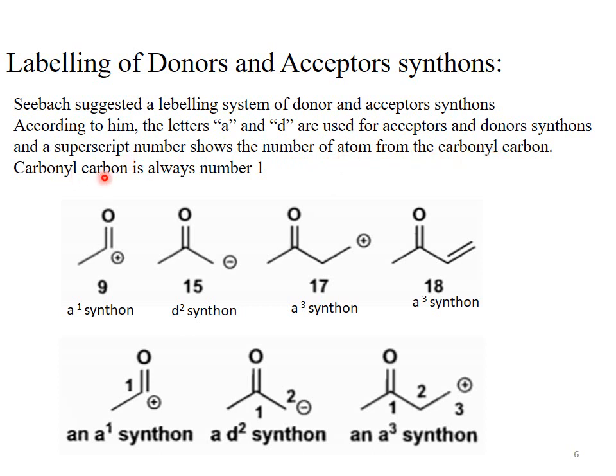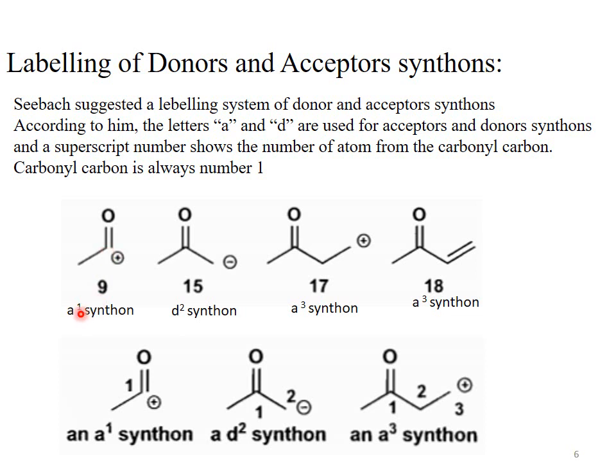A stands for acceptors and D stands for donors. And a superscript is used with these letters A and D. Those superscripts are 1, 2 or 3, and a superscript number shows the number of atoms from the carbonyl carbon, and the carbonyl carbon is always number 1.